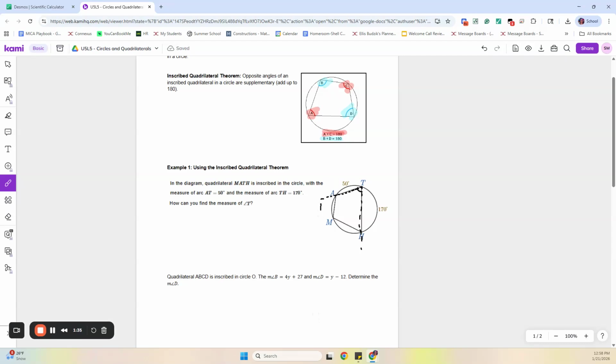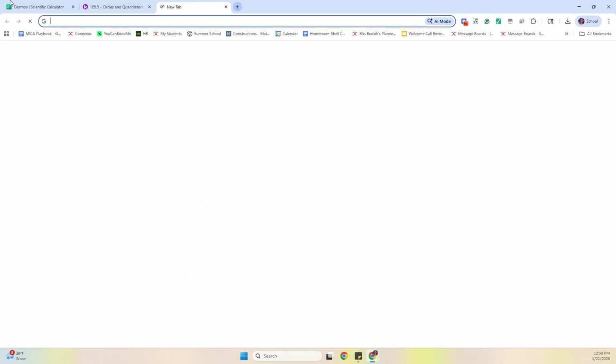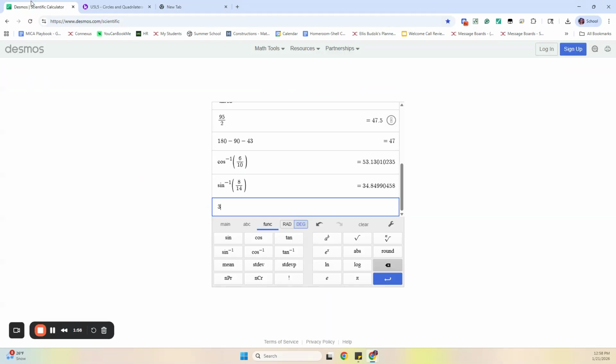Now I want to figure out what this measure of the arc is. And I know circles all equal 360 degrees. Well, I'm not using 50 degrees, so I'm going to subtract that, and I'm not going to be using the 170. So I'm going to do 360 minus 50 minus 170. So that's going to be 140 degrees.